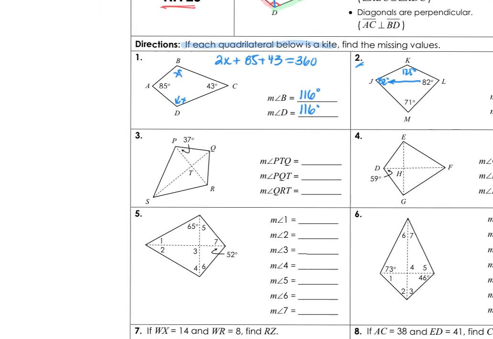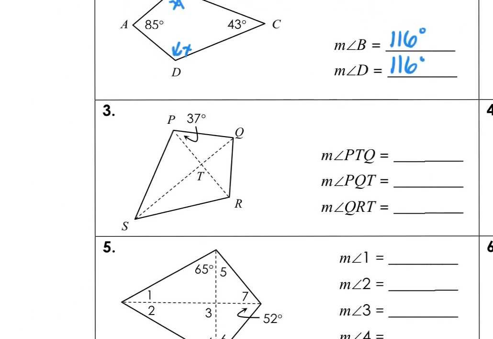All right, let's dive on over to number three. We have our diagonals drawn. Remember that in a kite, the diagonals are perpendicular. So we're looking for the measure of angle PTQ, which is 90 degrees. Looking also for the measure of angle PQT. Well, this is a triangle, and we know this is 90 here and 37 right here.